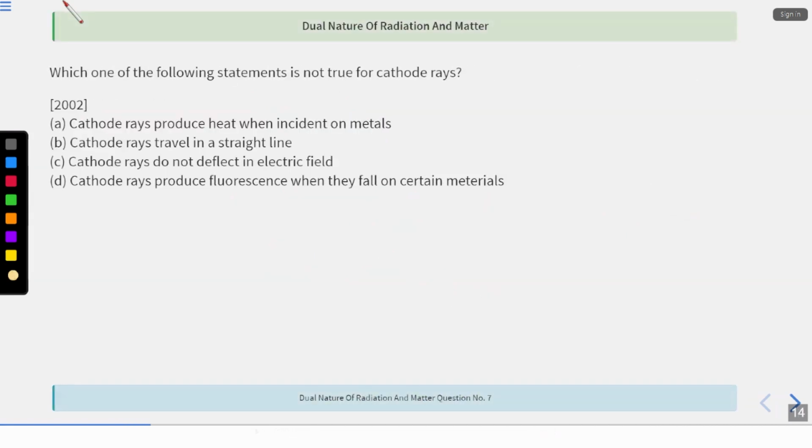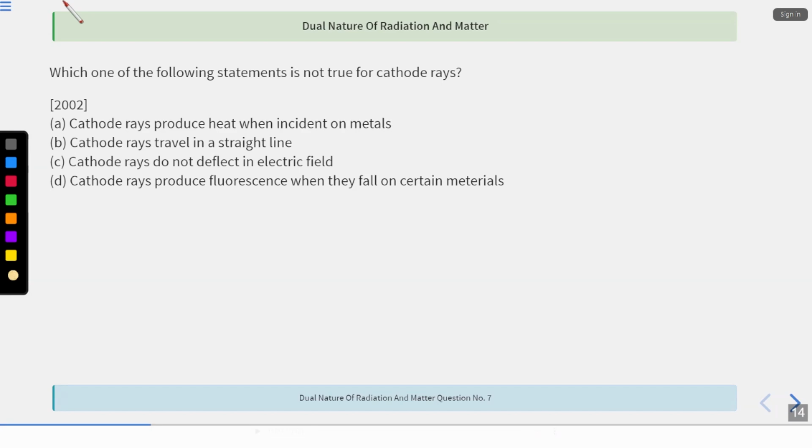Which of the following statements is not true for cathode rays? Cathode rays produce heat when incident on metals. Cathode rays travel in a straight line. Cathode rays do not deflect in an electric field. Cathode rays produce fluorescence when they fall on certain materials.